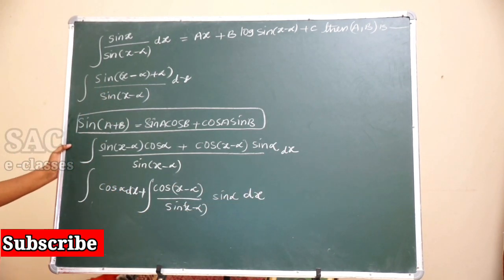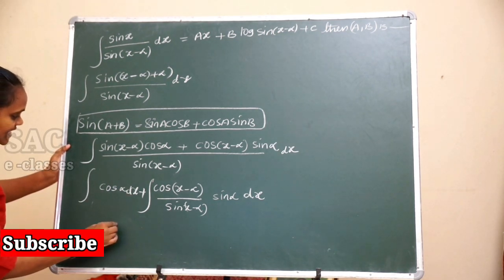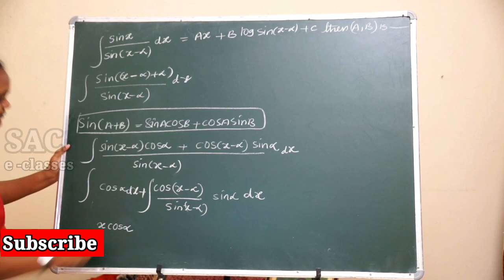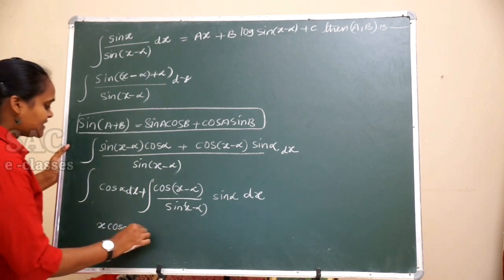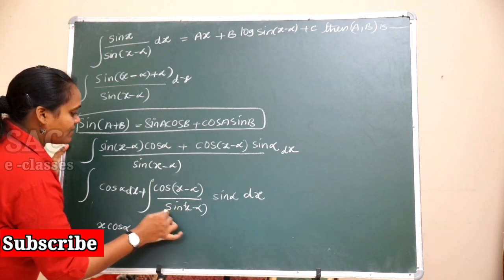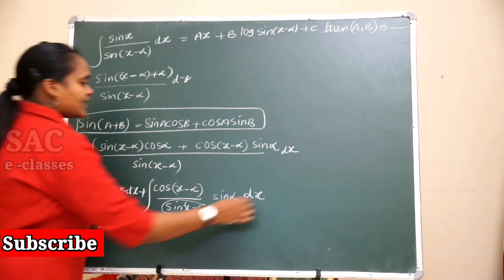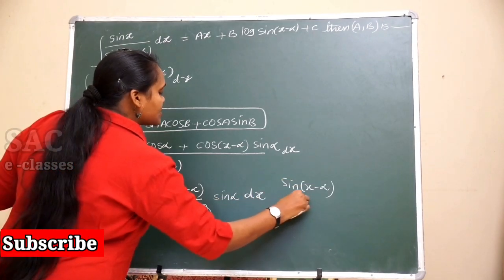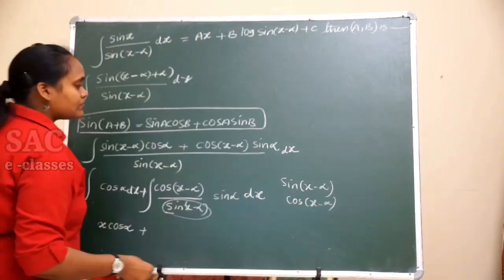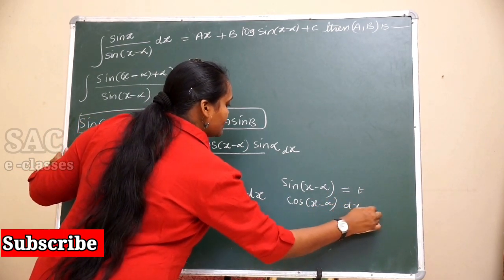We know very well, this value I have taken, cos α dx, means clearly it is x cos α, plus you know that cos(x − α) by sin(x − α). Let me assume that sin(x − α) is some t. Then cos(x − α) dx is equal to dt.